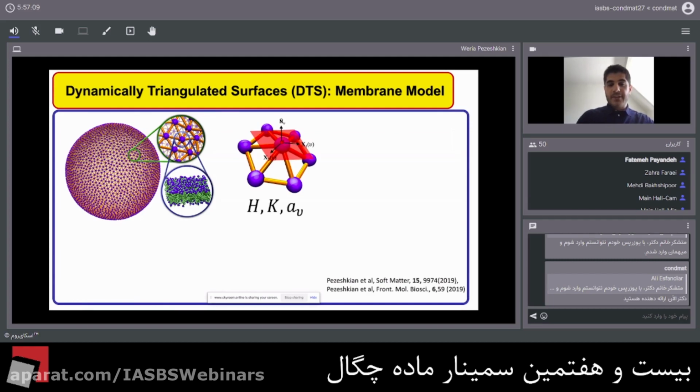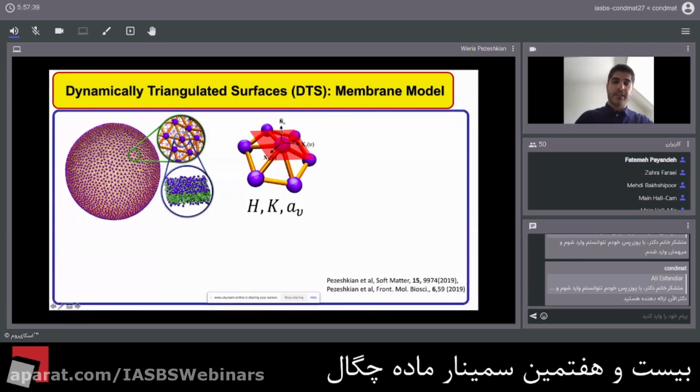Using a certain discretized algorithm, we can obtain geometrical properties of this surface, like mean curvature, Gaussian curvature, and an area associated with each vertex. And we have this shape operator based approach. Also, you can obtain the principal directions associated with the maximum curvature and minimum curvature, and also the normal vector.